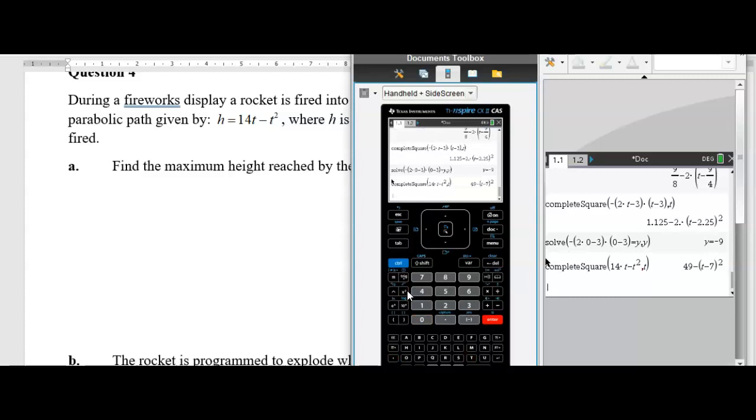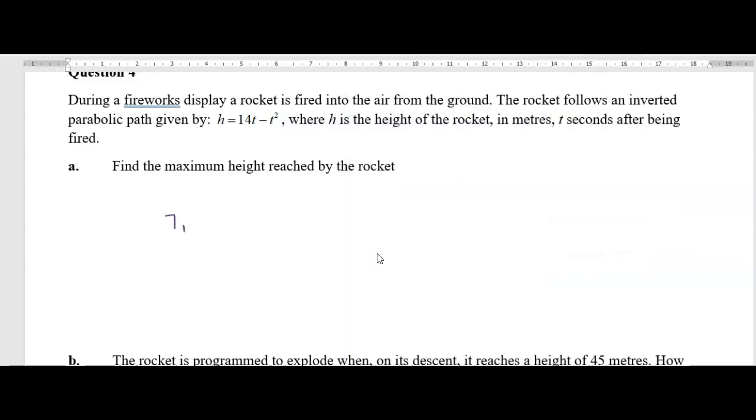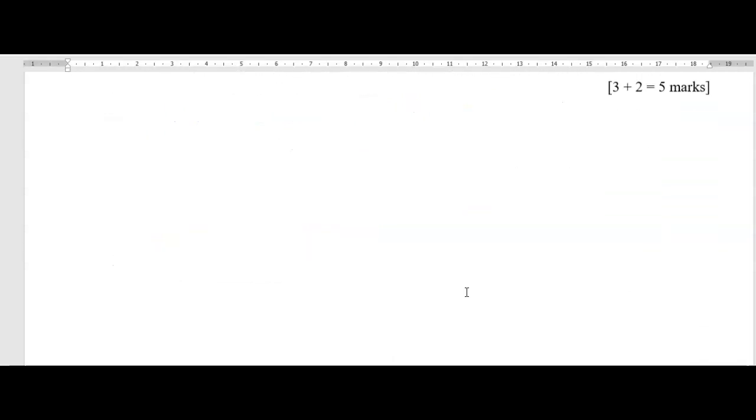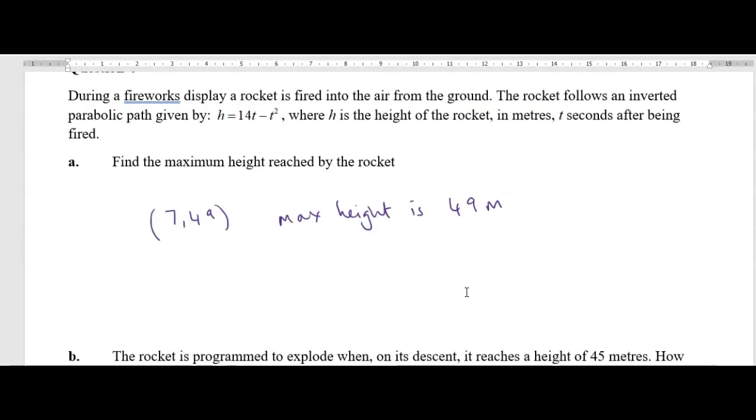All right, so the value of h is 7 and k is 49. So 7, 49 is your turning point. So the maximum height is 49 meters. Now it doesn't say when, but it's at 7 seconds. Now that's worth 3 marks.